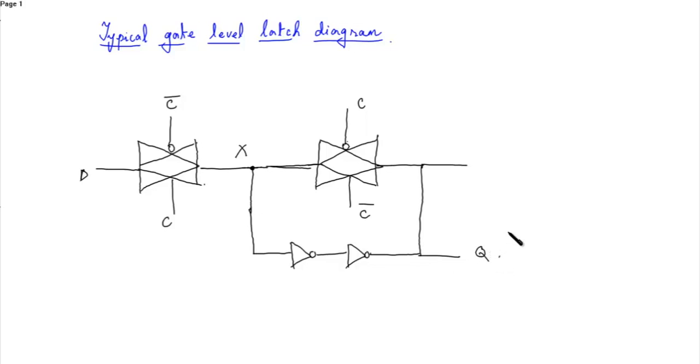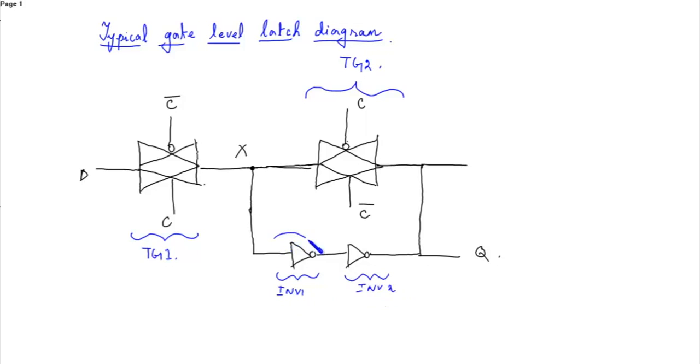Earlier we had drawn a rough schematic diagram. This is the gate level diagram of a CMOS latch, where this is transmission gate 1, this is transmission gate 2, this is inverter 1, and this is inverter 2.